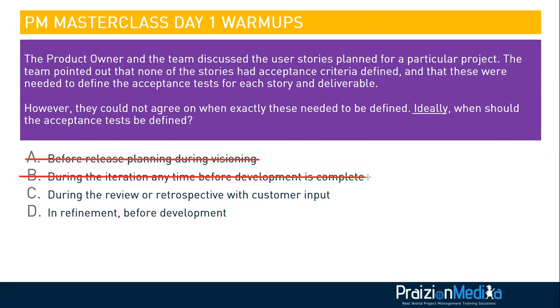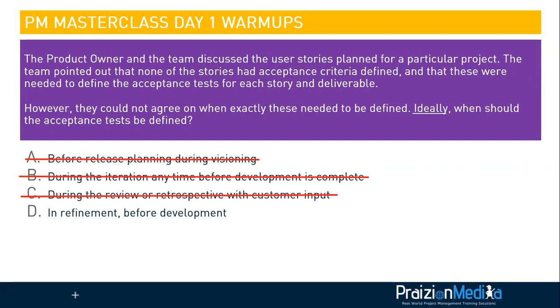No, the customer is not there in a review meeting for the purpose of defining criteria. It would not happen in a demo, that's for sure. Could you get new stories in a demo? You could, but as far as the acceptance criteria, the acceptance tests, that would have to be done outside of the review. The best answer is D.